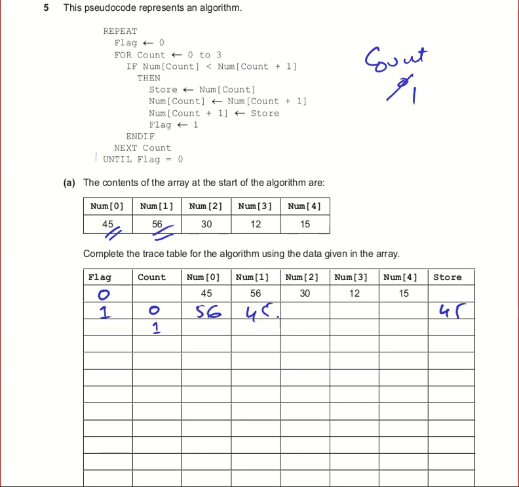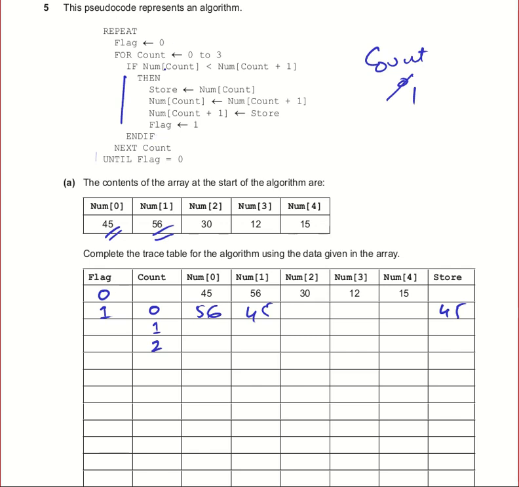So is 45 less than 30? It's not. So it's going to simply skip the steps written inside the if statement, and it's going to increase the value of count by 1. So this will become 2 now.